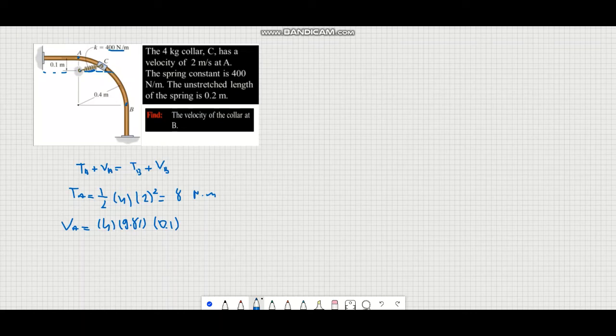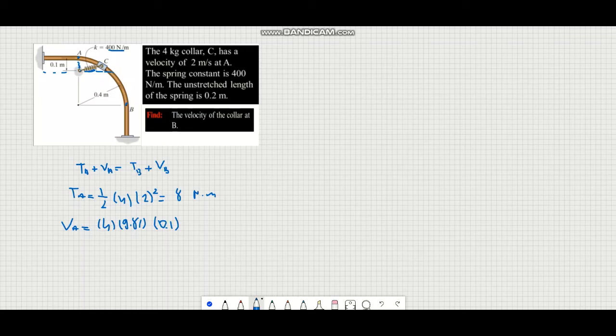It's positive potential energy. Plus, due to the spring we have another potential, but it's not pulling on the straight line, it just acts on this side.